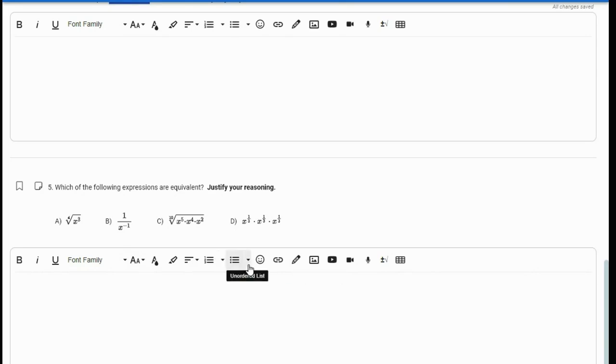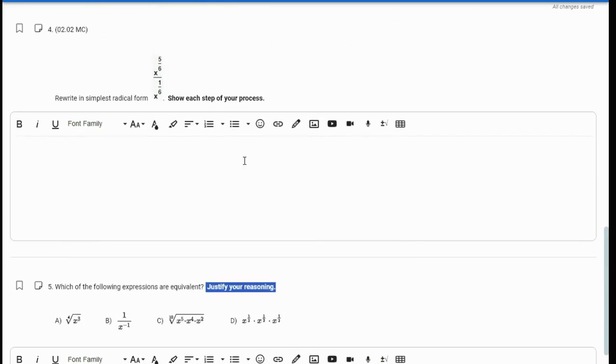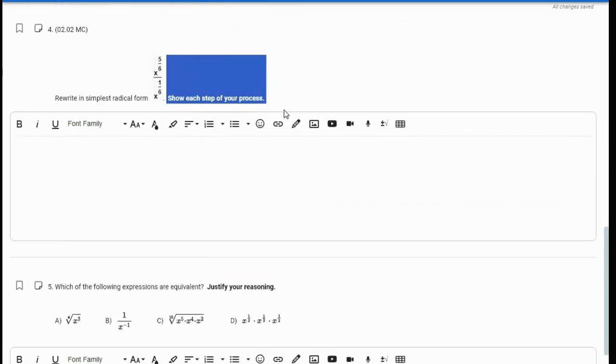Showing your work is better because you can get more points if your answer is wrong. Otherwise, it's all or nothing. And especially since it says justify your reasoning. By doing the work, that's justifying your reasoning. So you have to do that to get all the points. Even with the right answer, you can't get all the points unless you've shown me how you got that answer. Show each step of the process.